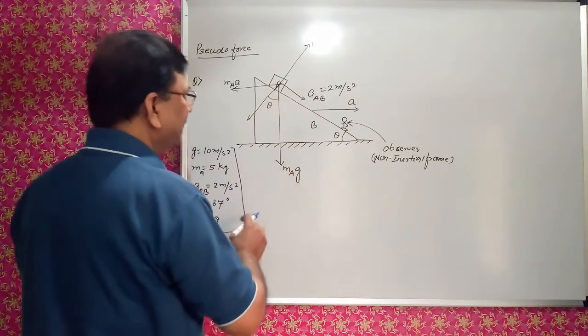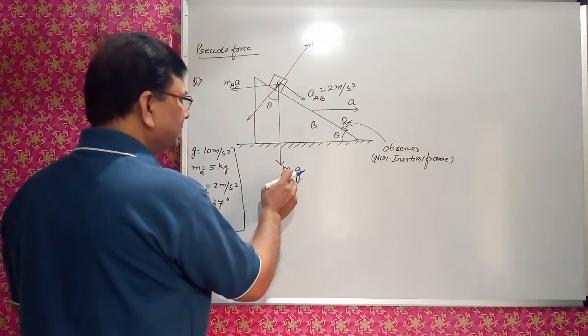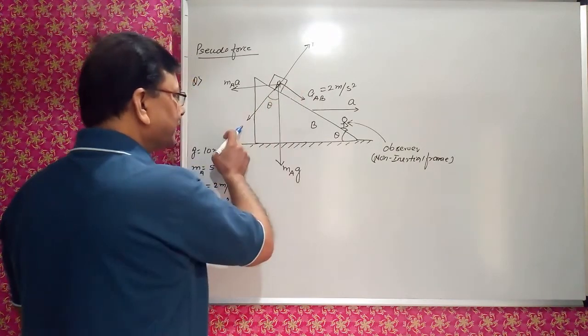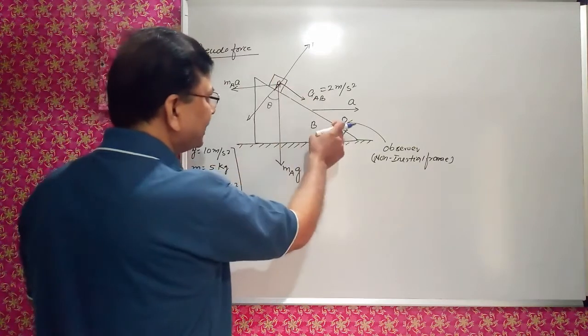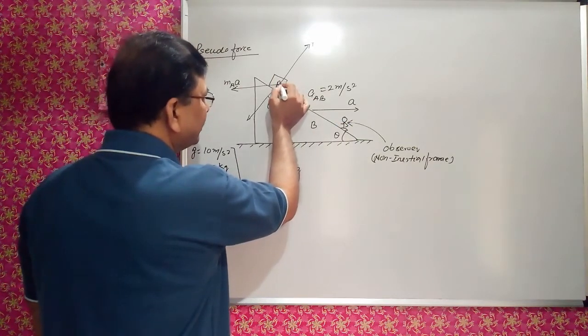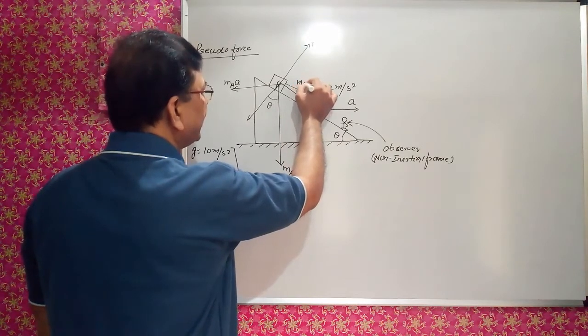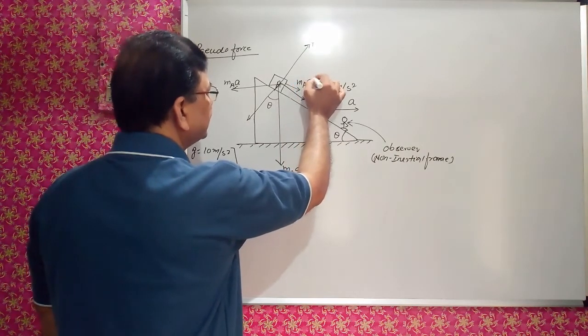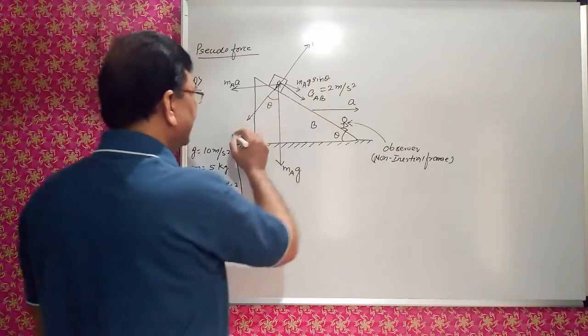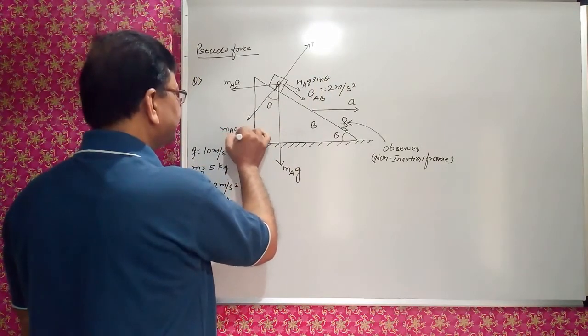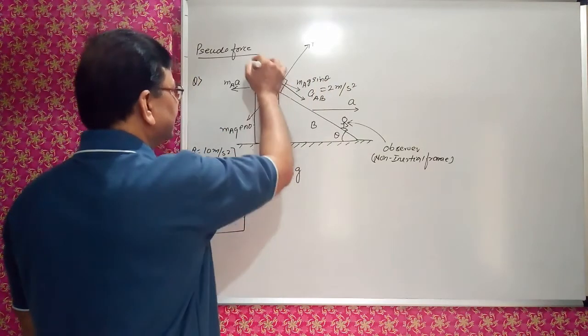This will be theta. So mAg will have one component along the incline and another perpendicular to it. The component along the incline will be mAg sin theta, and the other is mAg cos theta.